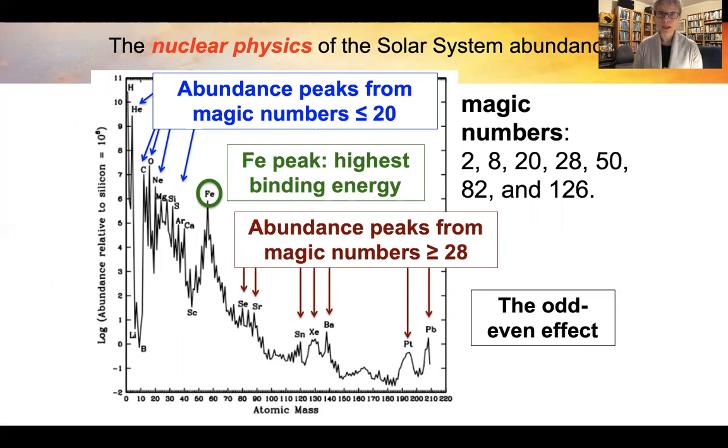These are caused by abundance peaks from nuclei with magic numbers greater than or equal to 28 in the chart of the nuclides. Barium-138, for example, is most of the barium in the solar system, and this happens to be a nucleus with a magic number of neutrons. And we see similar behavior in all of these peaks. So essentially, these peaks are caused by magic numbers of neutrons for elements heavier than iron.